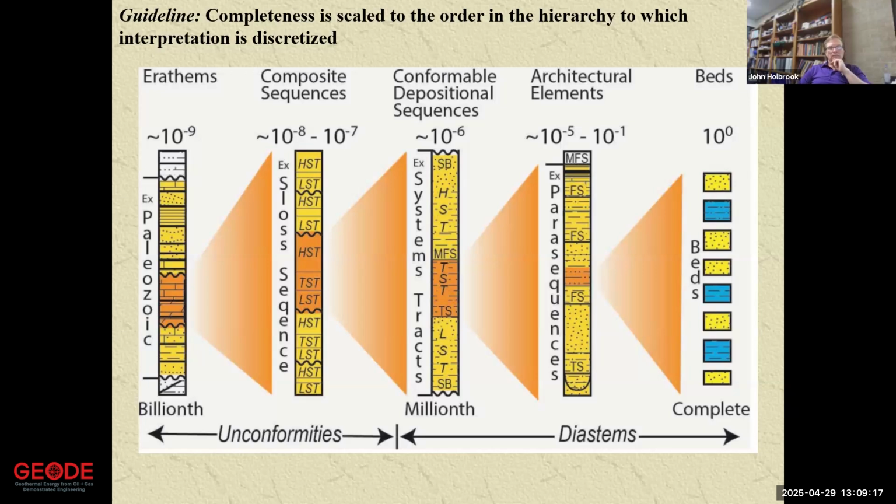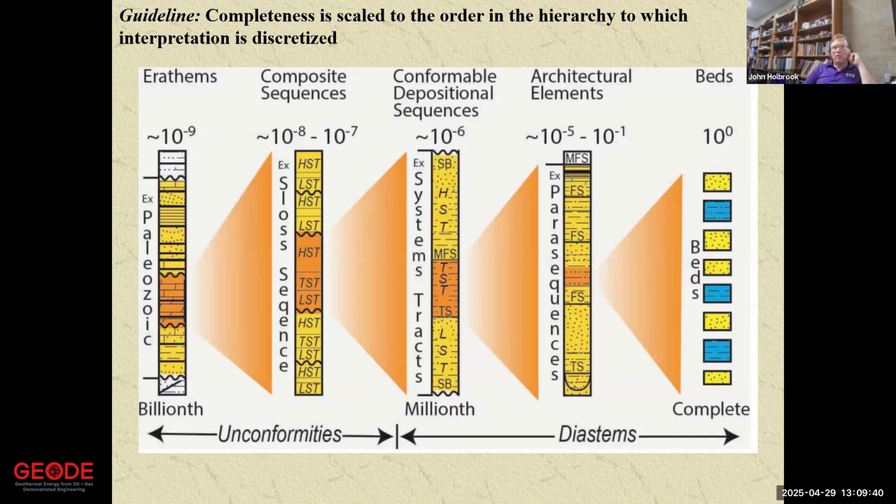It is complete. Then you move up the section to the architectural elements, the base reservoir units. All those reservoir units make up what we call a sequence, one continuous sequence of deposition between unconformities.